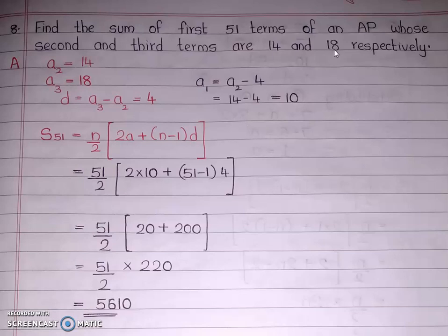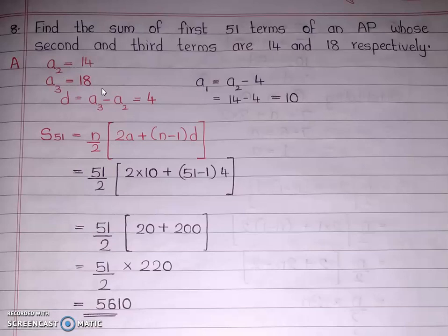Students, explaining it again. Second term is a2 equal to 14. Third term a3 is equal to 18. Here you can see two consecutive terms are given. So it is easy for you to find the common difference as a3 minus a2 equal to 4. How will you find the first term?